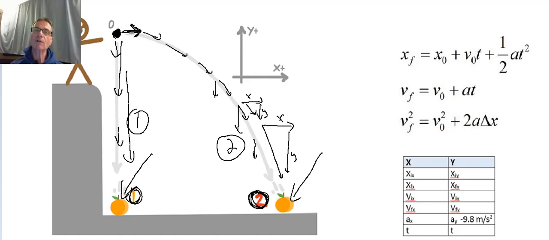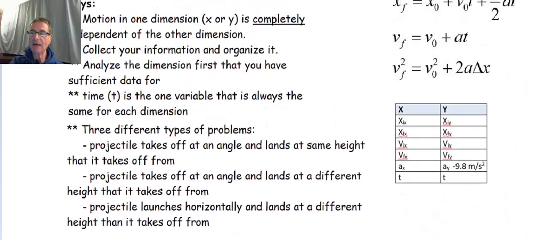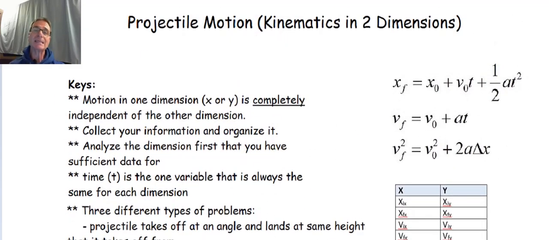And we would know the total time that the peach was in the air, not just for peach number 1, but also for peach number 2 as well. So we could find out the information for this peach by analyzing what would happen if we just dropped it. That may seem a little confusing and you may not even agree with that, but your agreement is not required for it to be the truth.